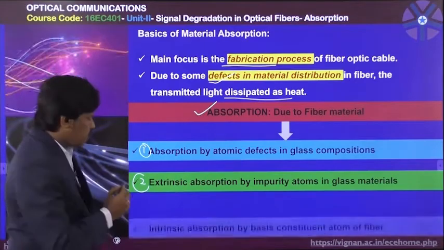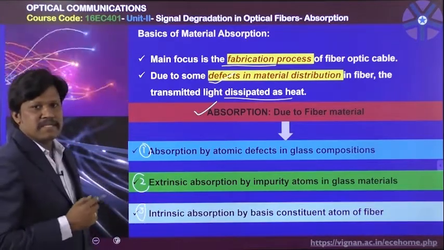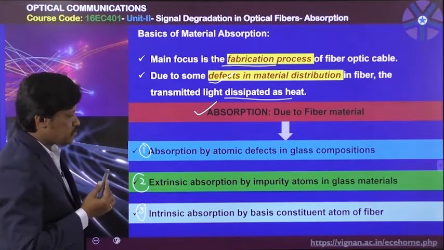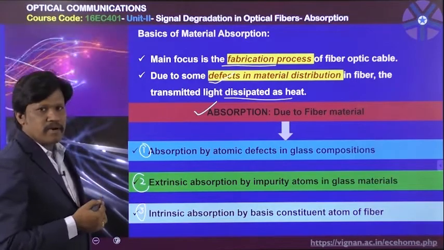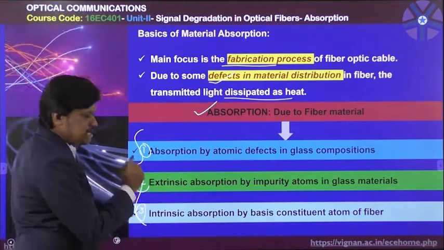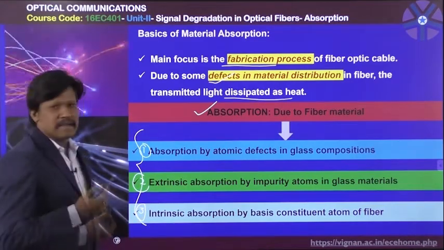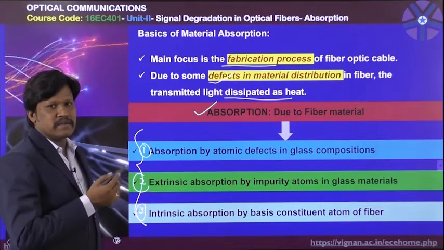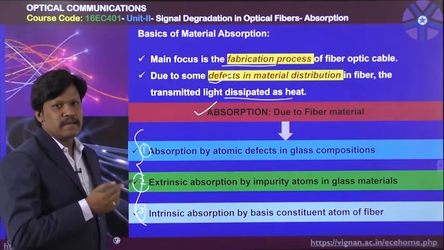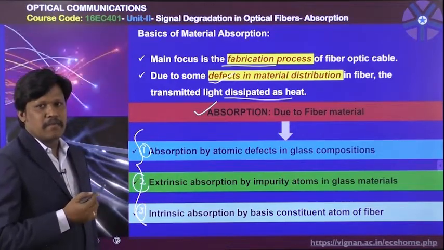Third is intrinsic absorption by the basic constituent atoms of the optical fiber. These three mechanisms cause the absorption. Absorption leads to attenuation, and eventually attenuation leads to signal degradation in optical fiber.